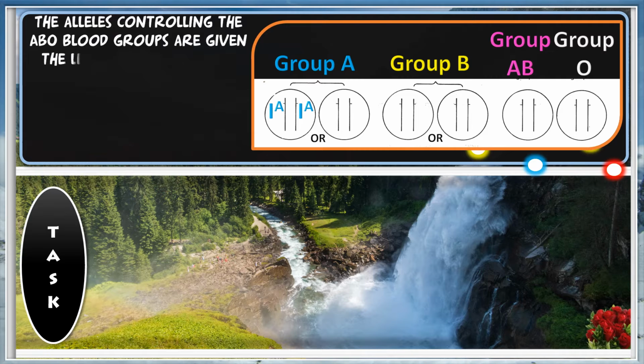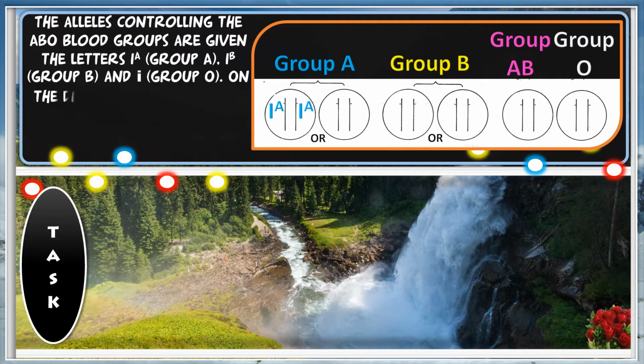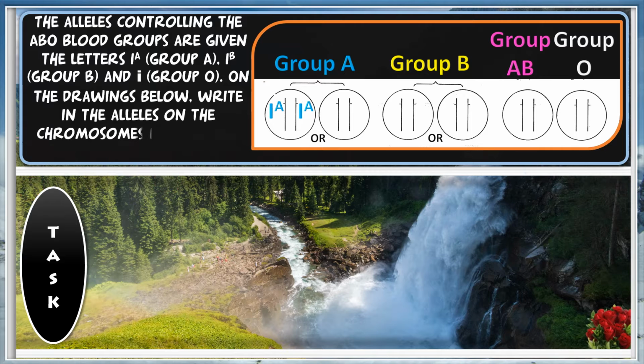The alleles controlling A, B, O blood groups are given.